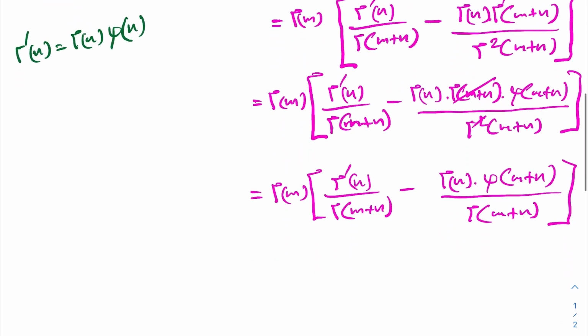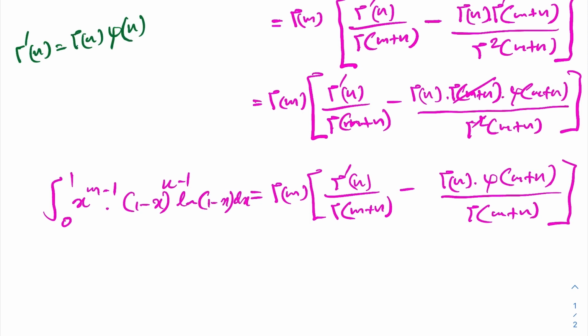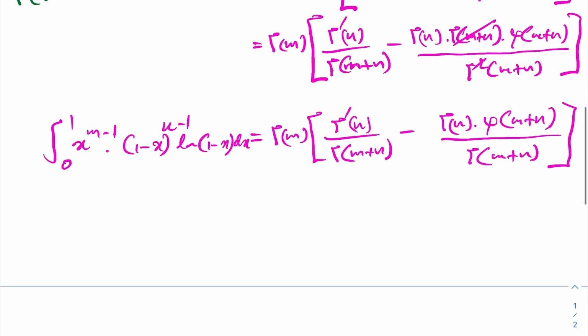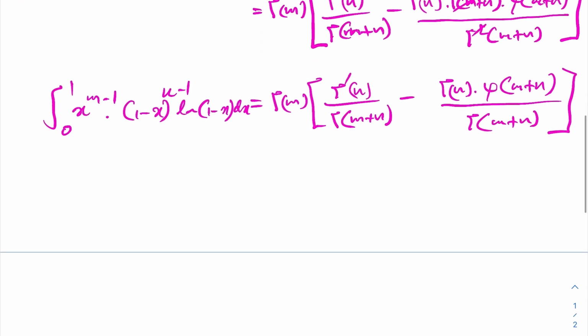the integral from 0 to 1 x to the m minus 1 times 1 minus x to the n minus 1 natural log of 1 minus x dx. Okay, then I'm going to apply, instead of n, 1 over 2 times k, and instead of m, 1 minus 1 over k.